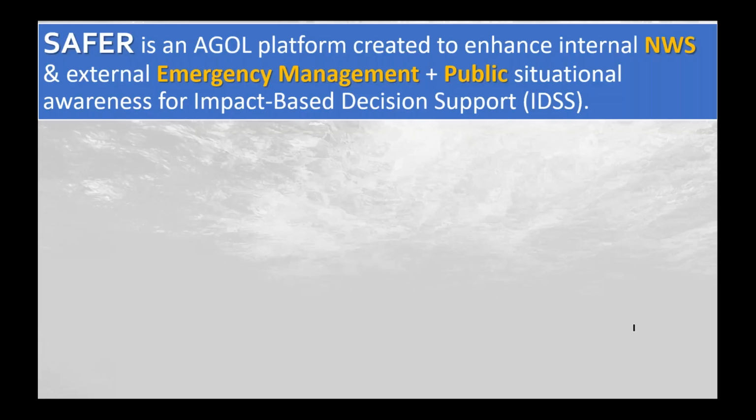So in a big nutshell, SAFER is just an AGOL, which stands for ArcGIS Online platform, that's created to enhance internal weather service and external emergency management and public situational awareness for impact-based decision support.